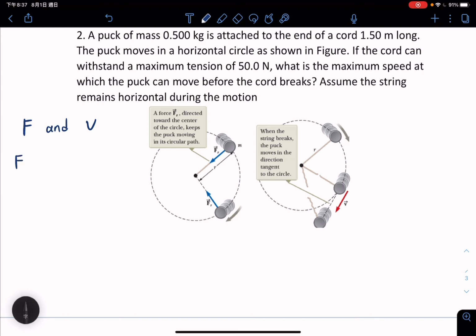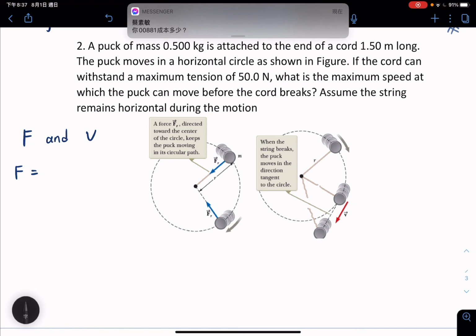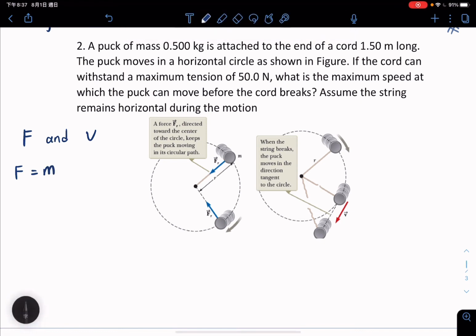It causes the central acceleration. Maybe we can use the velocity to describe the central acceleration, because if we have r, we can say the magnitude of central acceleration is equal to v squared over r.